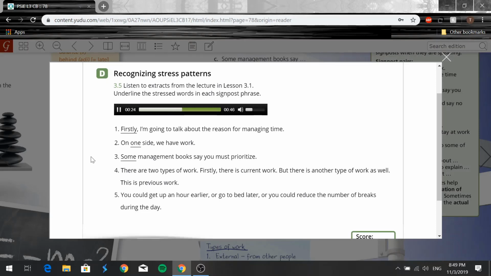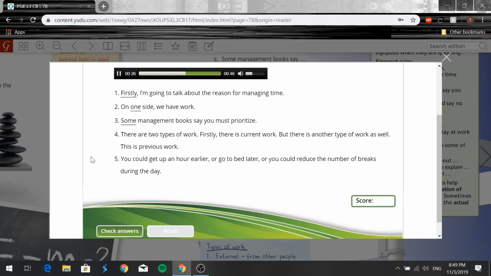There are 2 types of work. Firstly, there is current work. But there is another type of work as well. This is previous work. 5. You could get up an hour earlier or go to bed later. Or you could reduce the number of breaks during the day.